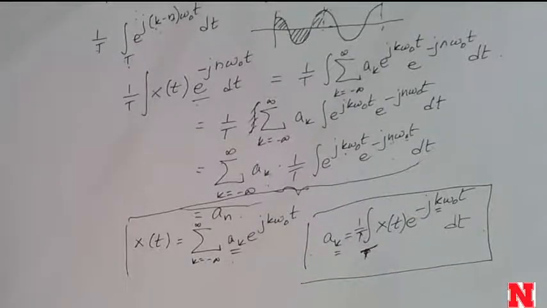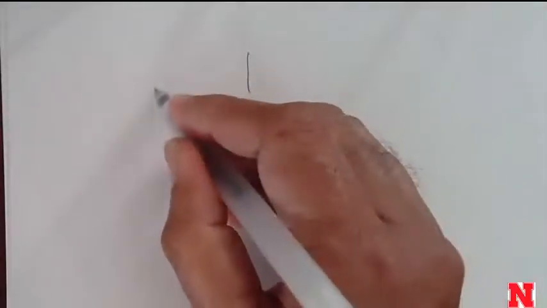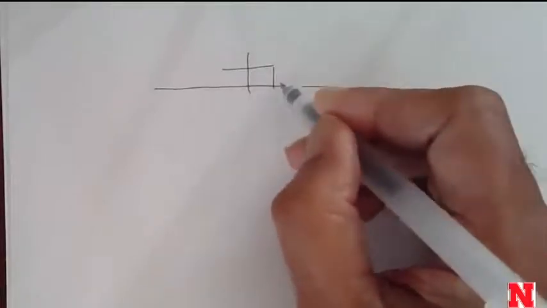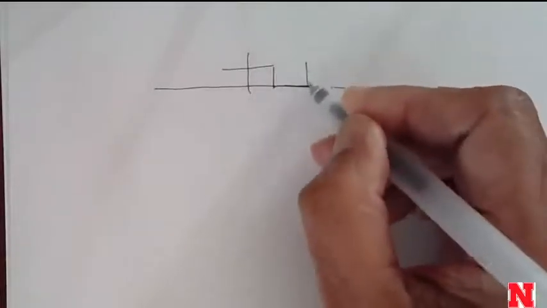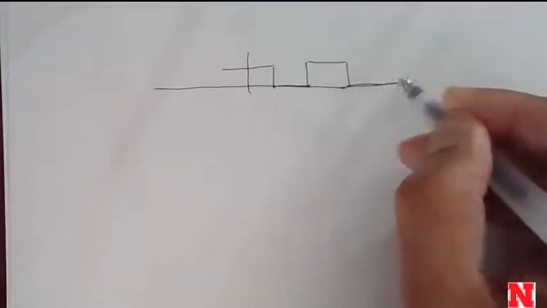So let's do an example. Let's take a square wave, and let's make it even for now. And it goes like this.